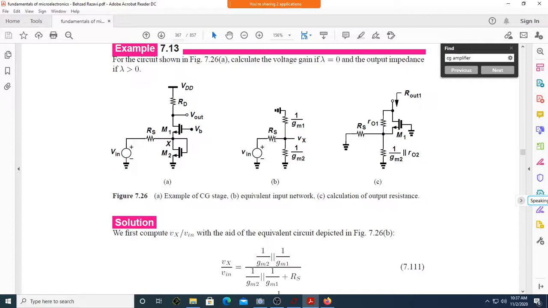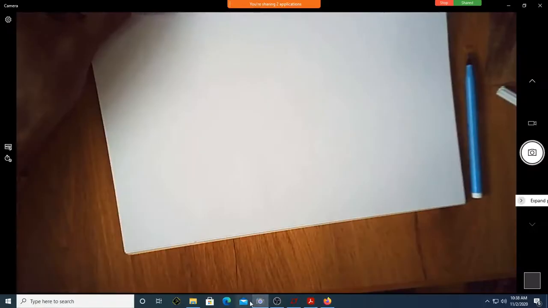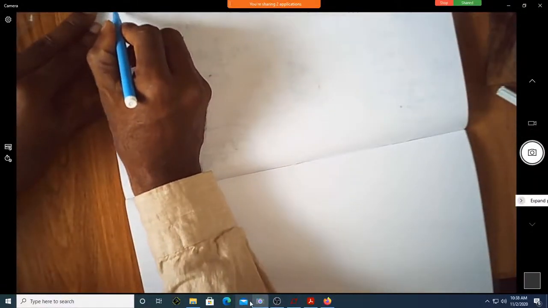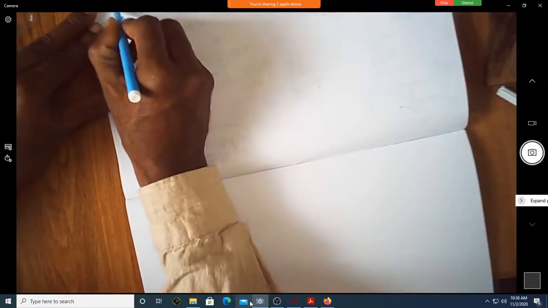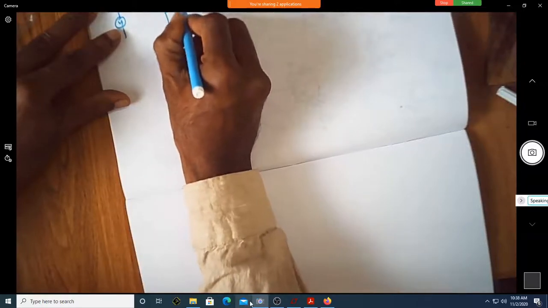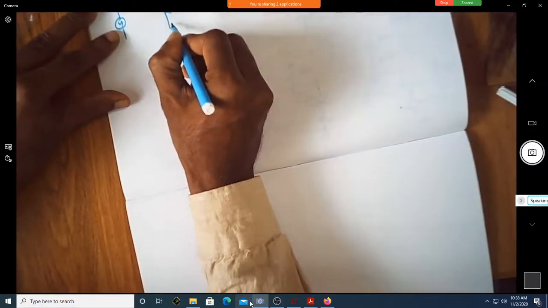Yes, sir. Now can we write the expression for the voltage gain? Let me show you the circuit we have, so I want all of you to write it. I have a circuit which is something like this. This is Rs. This is M1.